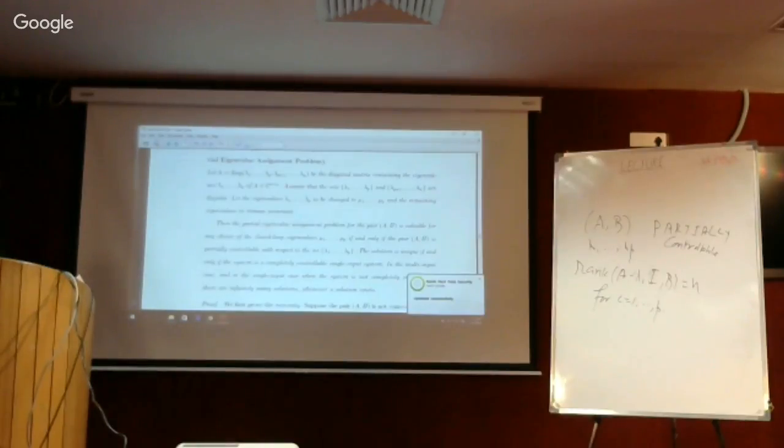So the problem is: construct a matrix F such that the spectrum of A minus BF will contain the p numbers mu 1 through mu p chosen by you, as its eigenvalues, and the remaining n minus p eigenvalues, lambda p plus 1 through lambda n, and the corresponding eigenvectors will remain unchanged. Okay, do you understand the problem?